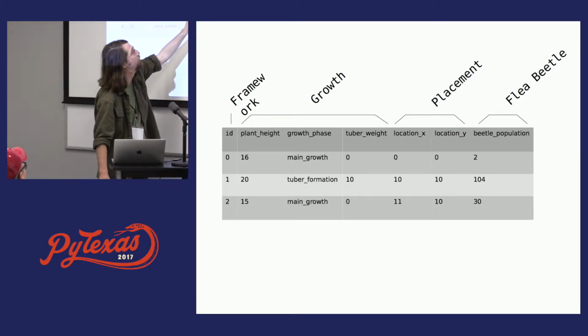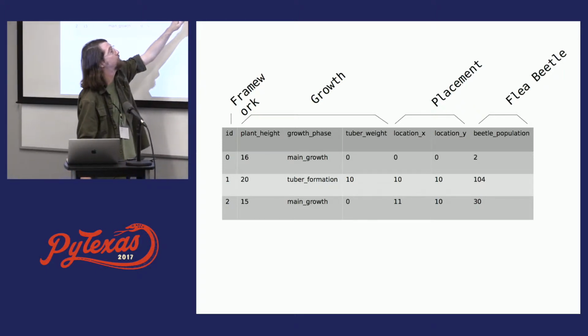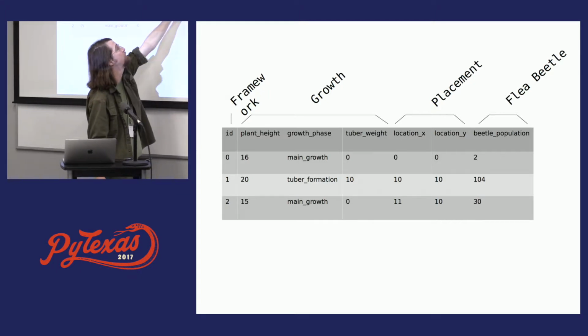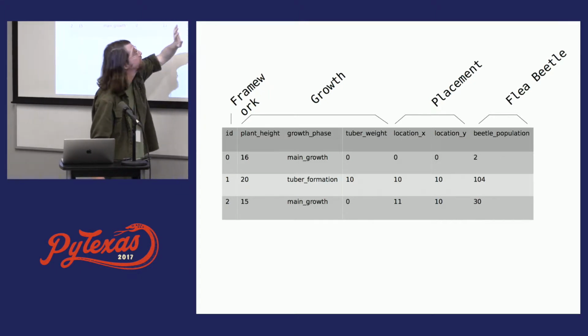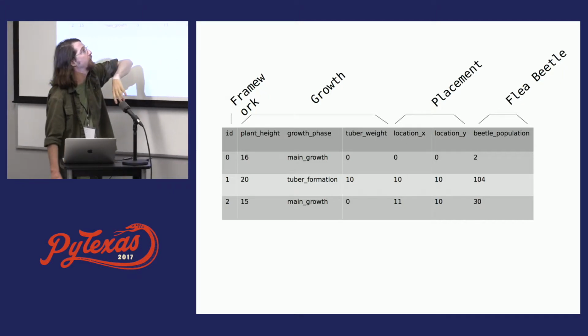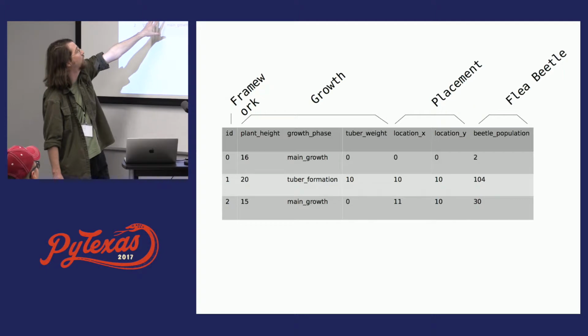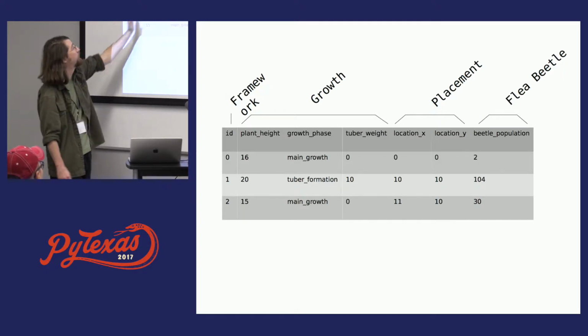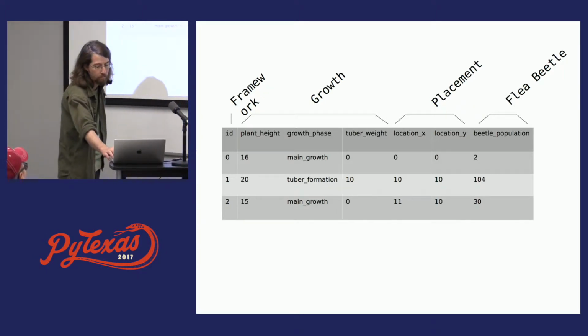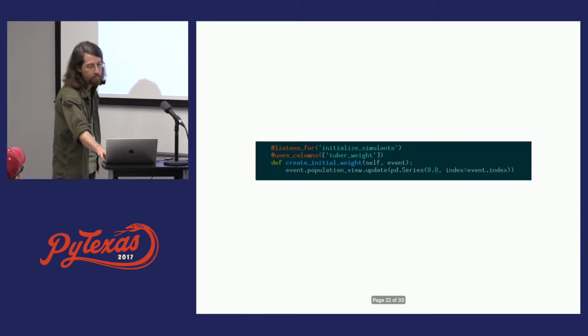The columns are the responsibility of particular submodels, right? So my placement model is responsible for the location of the plants. My beetle model is responsible for the infestation level. My growth model is responsible for the actual growth of the plant. And then the Vivarium framework itself tracks the metadata.